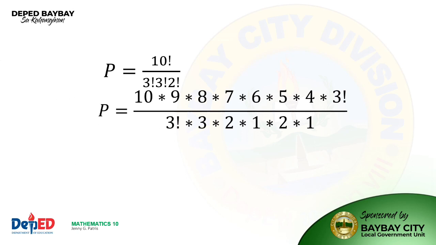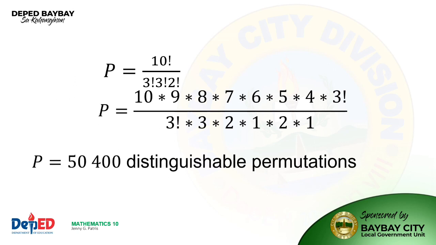By expansion, we have 10 times 9 times 8 times 7 times 6 times 5 times 4 times 3 factorial divided by the product of 3 factorial, 3, 2, 1, 2, and 1. Dividing the common factors, we have 50,400 distinguishable permutations.